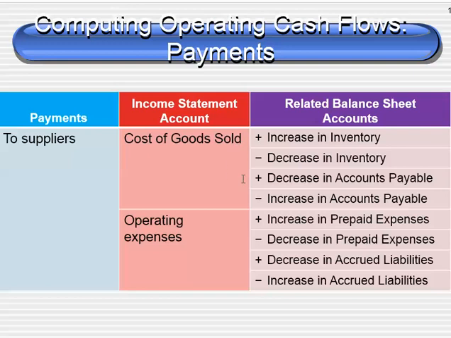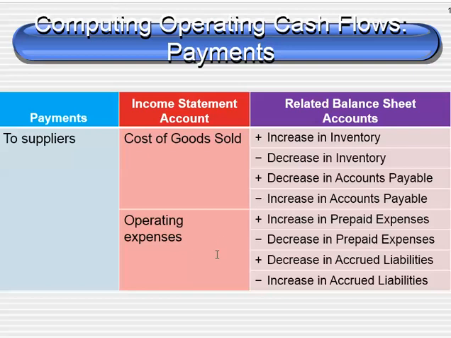So an increase in inventory, which is an asset, is going to be added to the cost of goods sold, and a decrease would be subtracted. A decrease in accounts payable gets added here, and an increase is going to be subtracted.